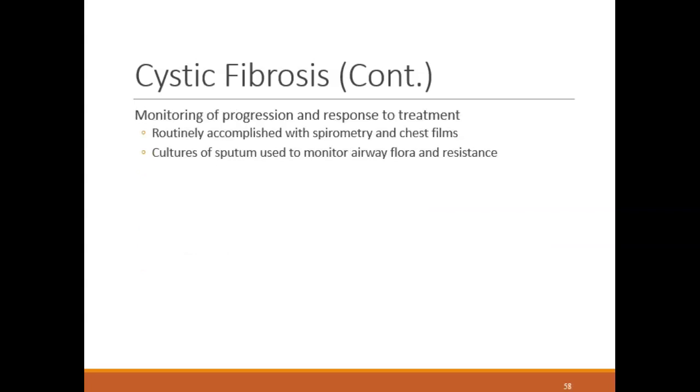Okay, so big things with CF is monitoring. So we want to make sure that we are screening our babies for CF. Typically, all babies after they're born will have a blood panel sent to the state blood screening panel, which will identify at-risk populations for CF.